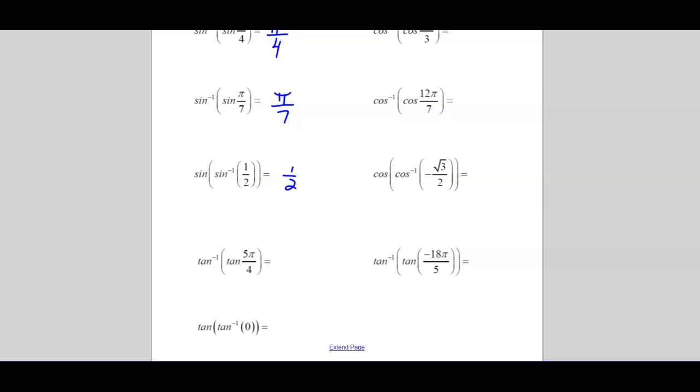So you're going to have to think about this a little bit. Now this one you can think about because you're finding tan of 5 pi over 4. So that's in what quadrant? 3. Okay, so tan of 5 pi over 4 is in the third quadrant with a reference angle of pi over 4.